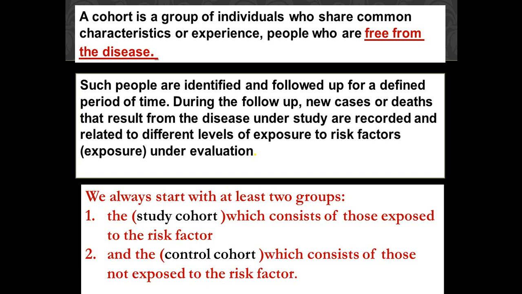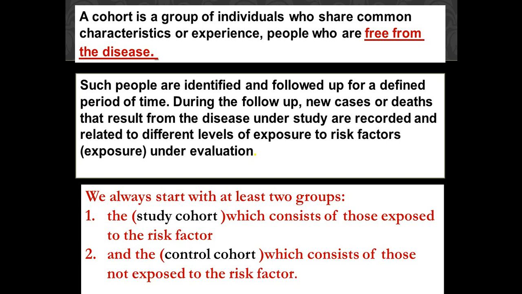So they are free from disease, and we follow them either retrospectively or prospectively to find the relation between any risk factor and the appearance of the disease, or maybe new cases occur, or maybe death occurs, and to find the relation between the exposure to that risk factor or event under evaluation.